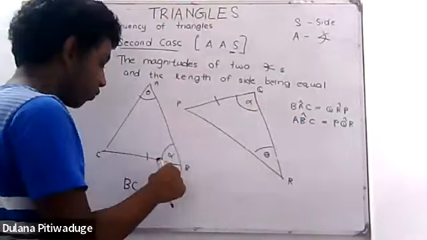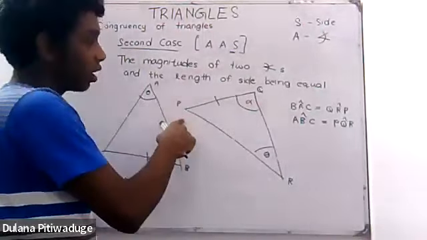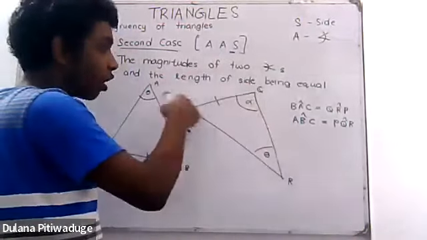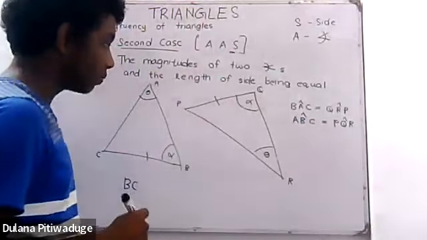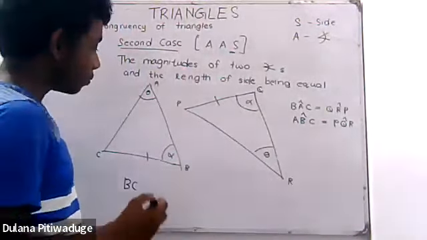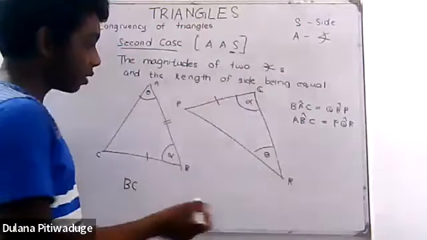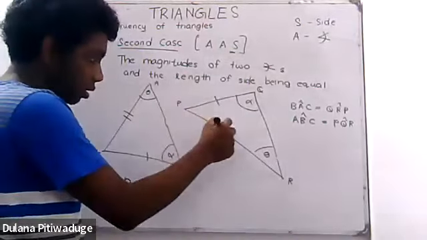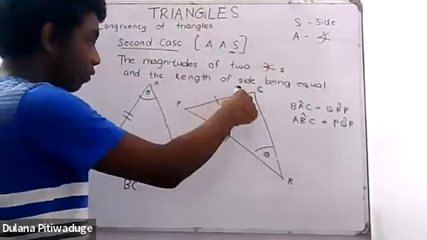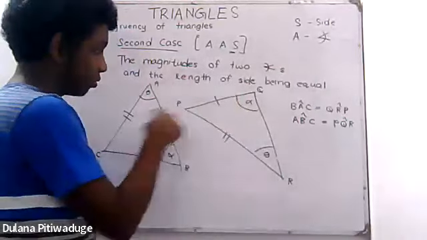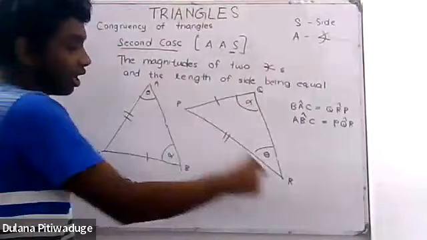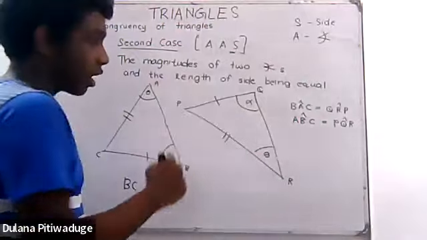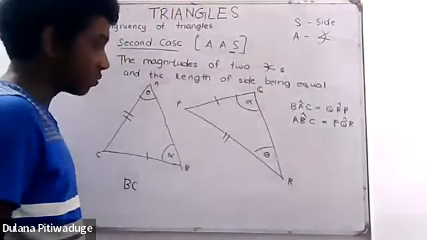So, if BC is equal to PQ, the side in front of theta, here, the side in front of QRP, then these two triangles are congruent. Similarly, even if the sides in front of the angle alpha, here it's AC and here it's PR, are equal, then again the two triangles are congruent by the case AAS.